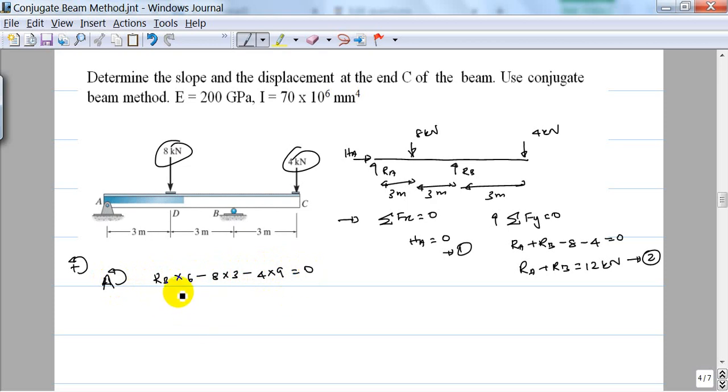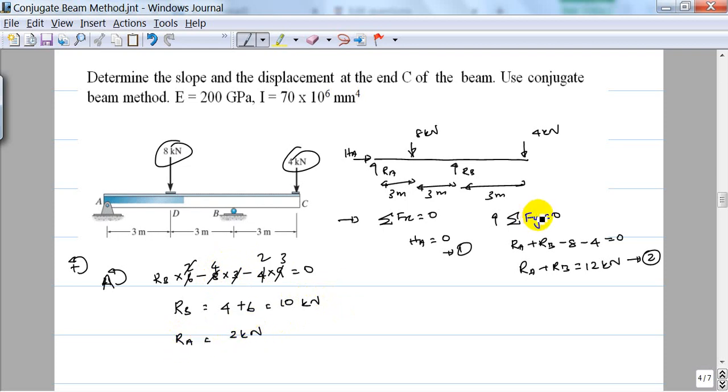So 3 cancels off, and 2, and again 2, 4, 2. So RB becomes 4 plus 6, 10. So 2 into 3 is 6, and 4 into 1 is 4, so RB is 10 kilonewton, and RA is 2 kilonewton.